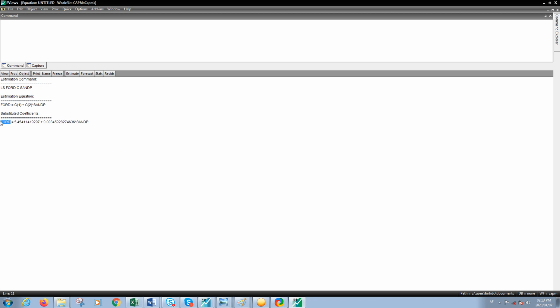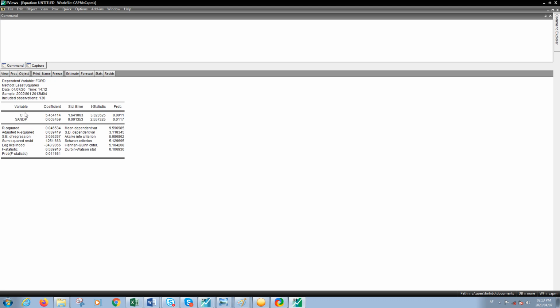So remember, Ford, our y, think of the generic equation y is equal to; here we've got Ford is equal to our intercept. Now where do we see our intercept? C is our intercept, so you look at the coefficient of C to get the intercept. Remember C being our constant, that is our intercept.